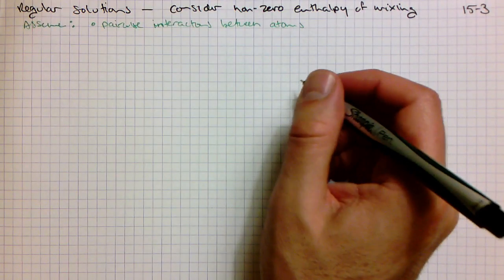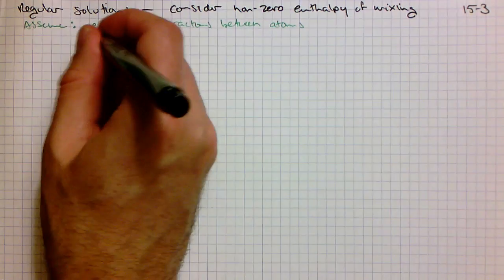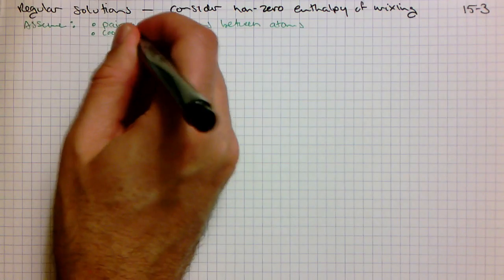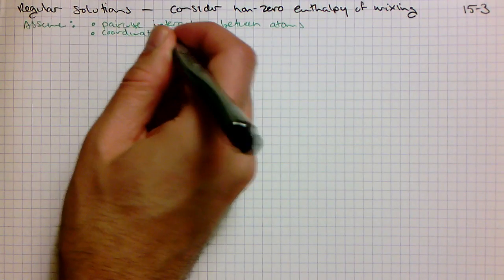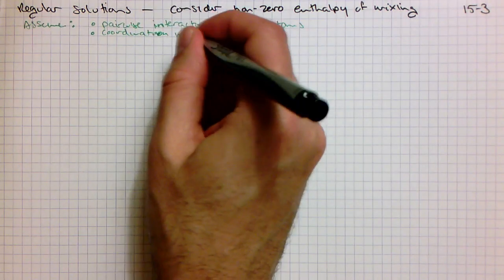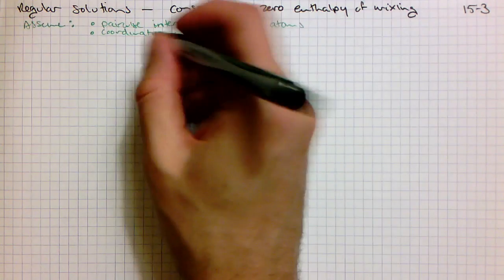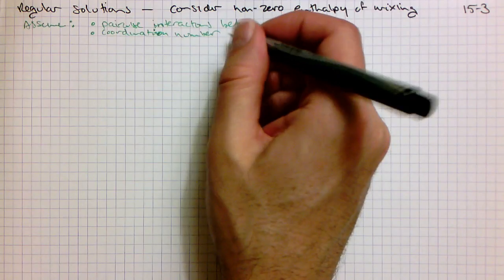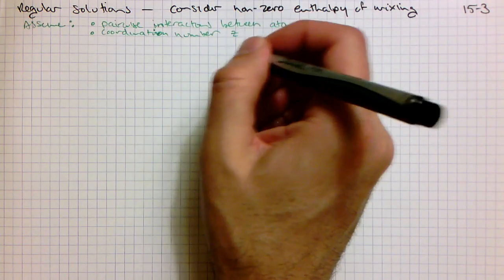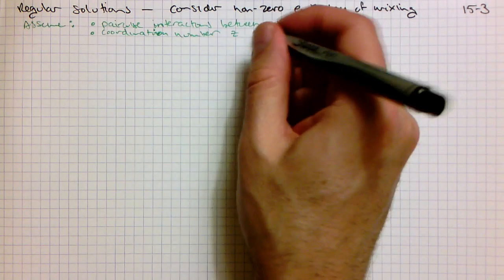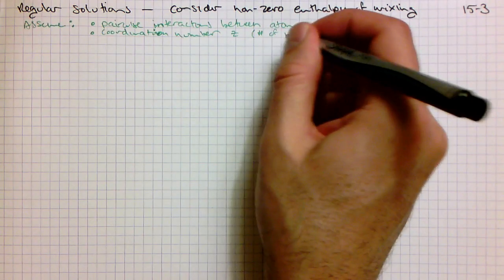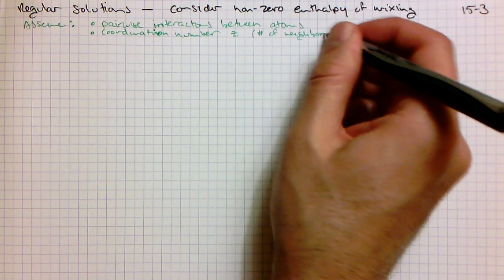We're going to assume that there's a given coordination number that is how many atoms any given atom interacts with, Z. So that's essentially like the number of neighboring atoms.